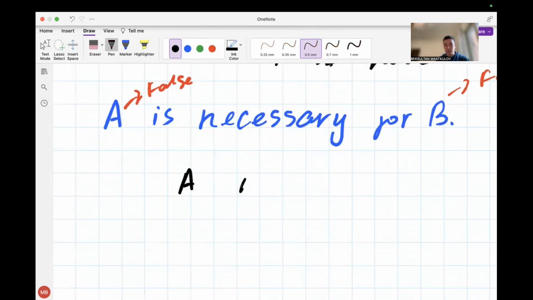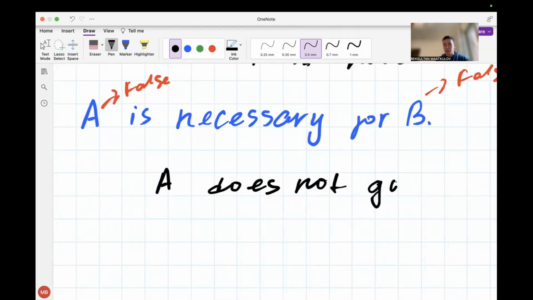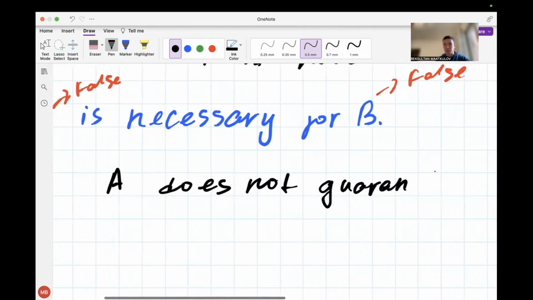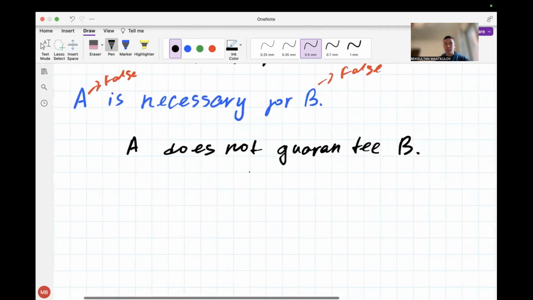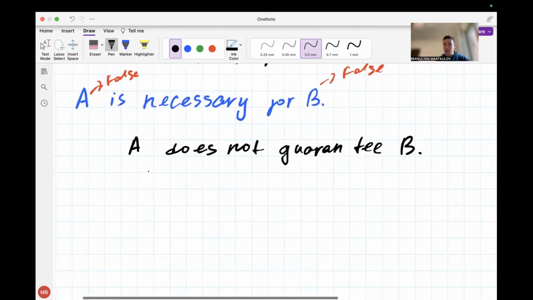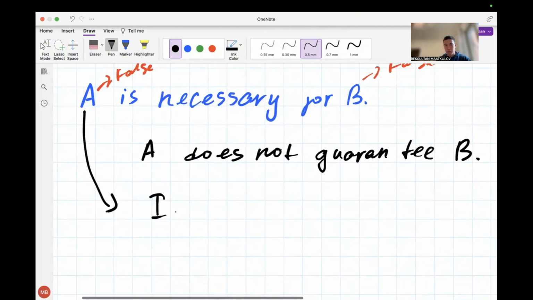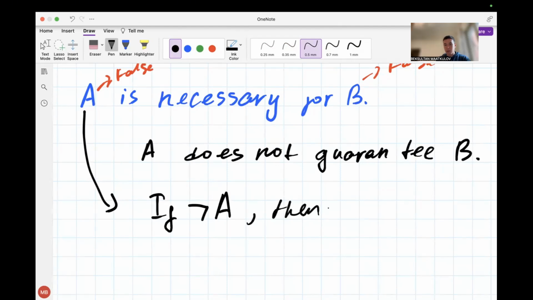A does not guarantee B, but if you don't have A, this guarantees that you will not have B. So basically, A is necessary for B, you can rewrite in this way. If not A, if you don't have A, then you will not have B as well.